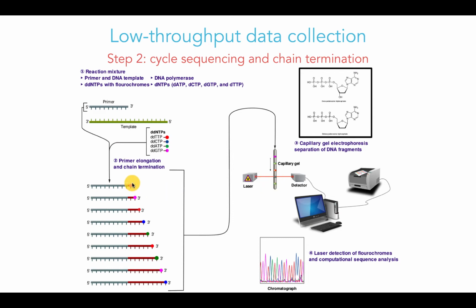That laser excites the fluorescent tag at the end of these, and they're in different colors based on the base pair. So if pink here is G, and red is T, we could see here that in order, we had a T, then a G, then a G, then a T, and then a C. And so this is how the sequence of that fragment of interest is reconstructed.